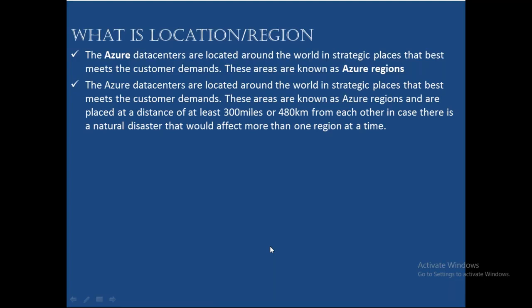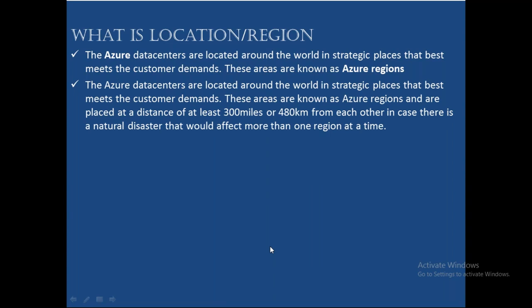If somebody is facing an issue in the Hyderabad data center due to floods, all their requests, all their data will be copied, and all their backup will be taken into another data center. That's how they give complete availability of resources to the customers. Example, I need to run my computer 24 by 7.